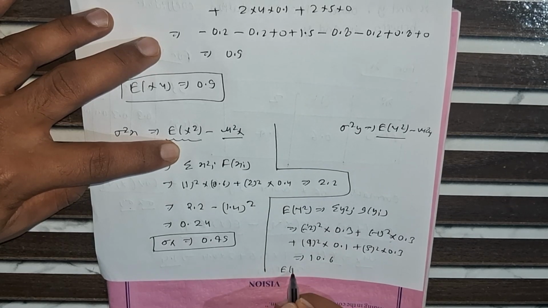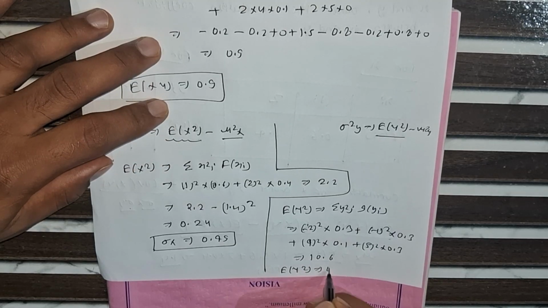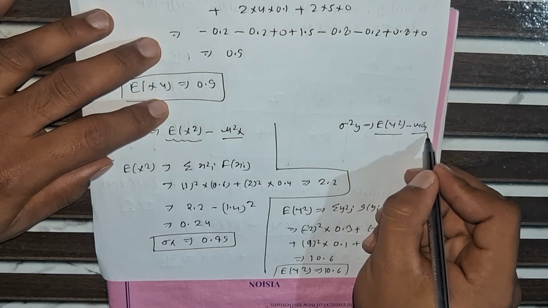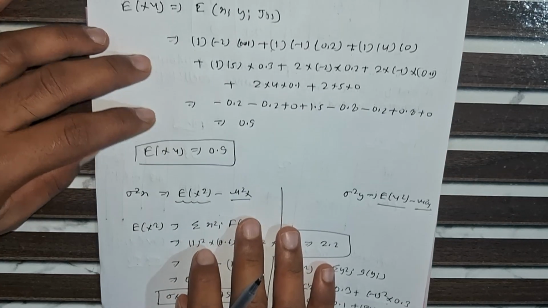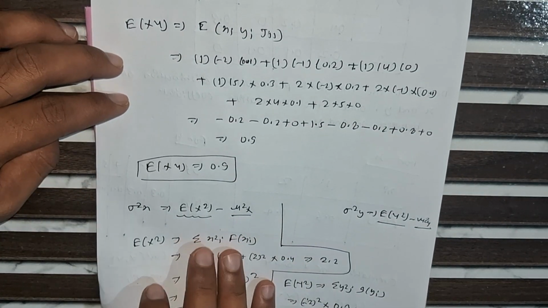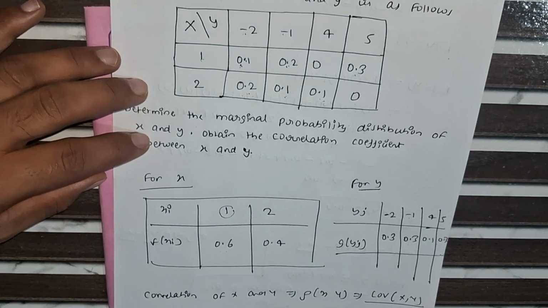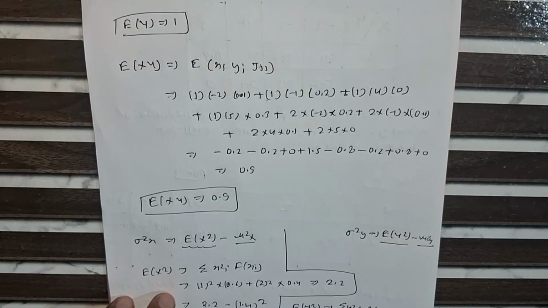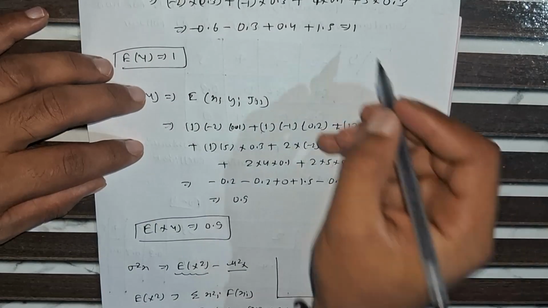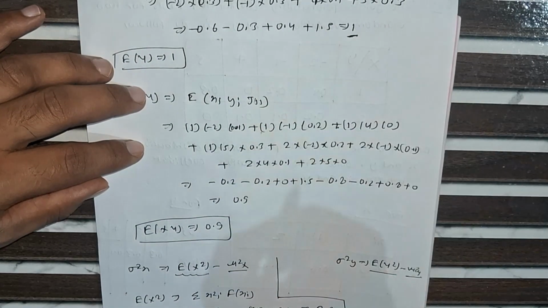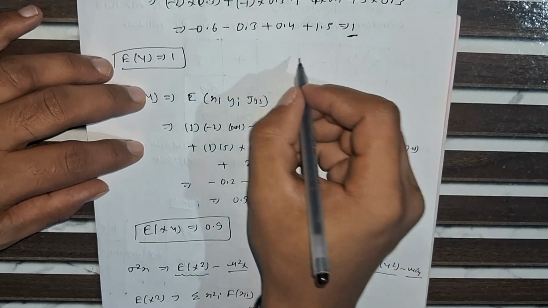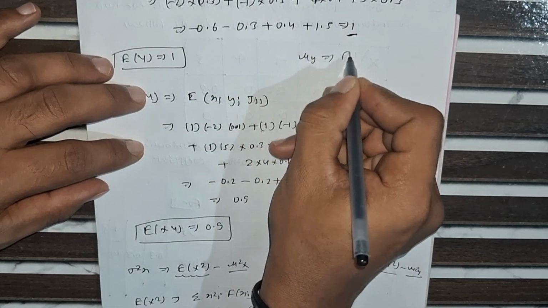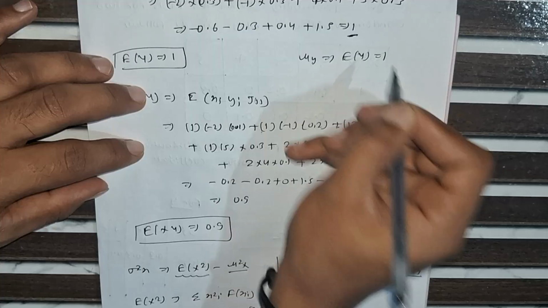So expectation of y square is equal to 10.6. Now we have to find mu square y. We already have the value of mu of y, which is nothing but expectation of y, which is equal to 1.